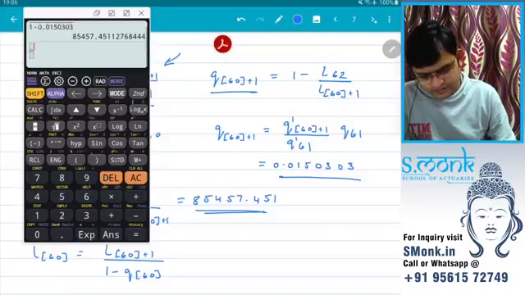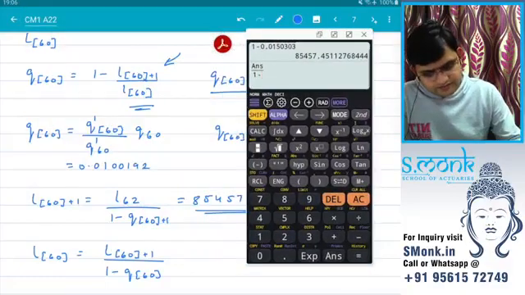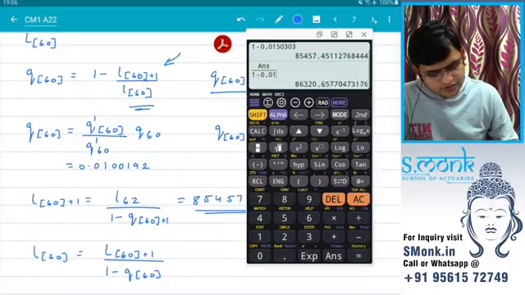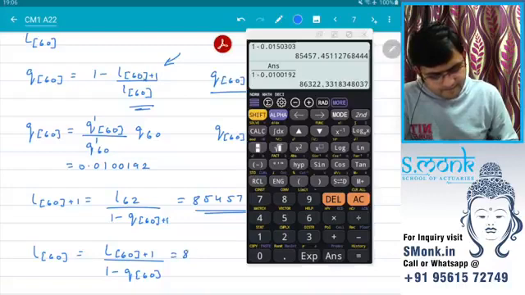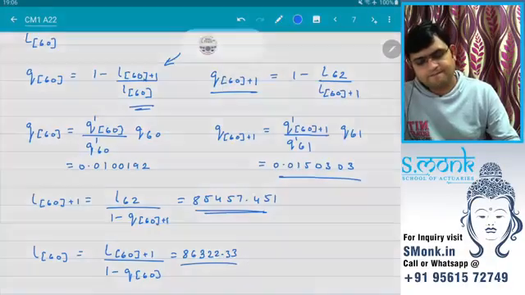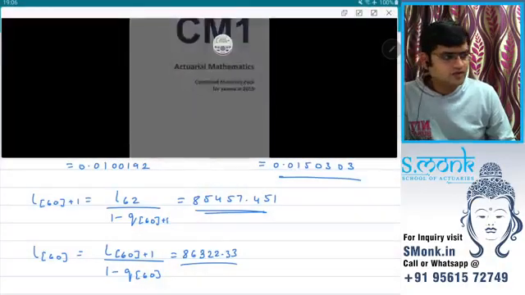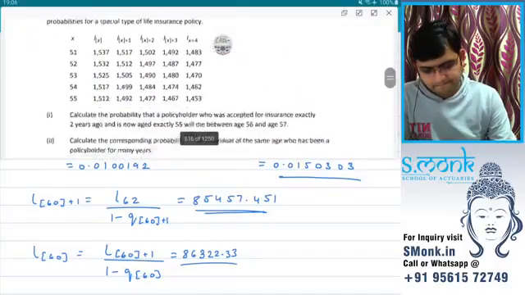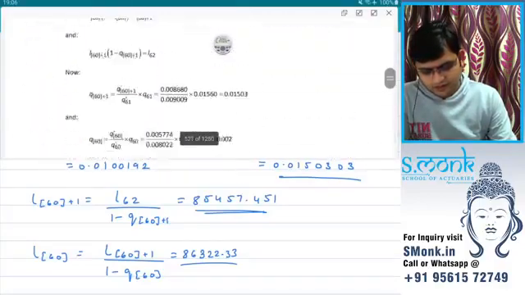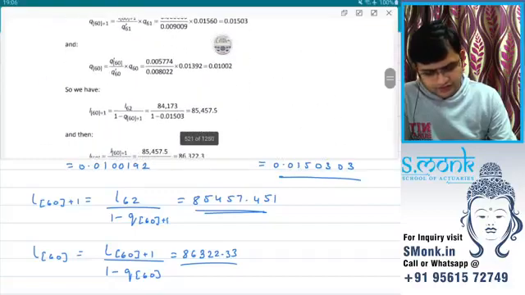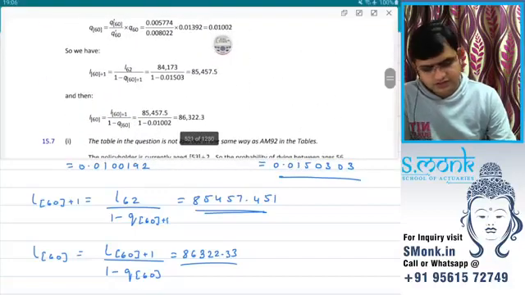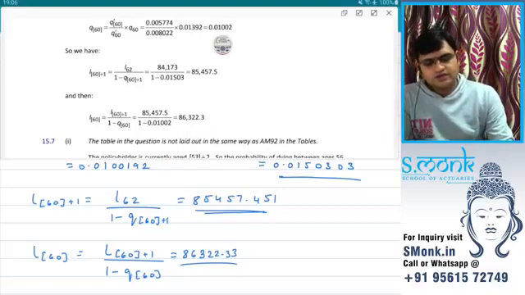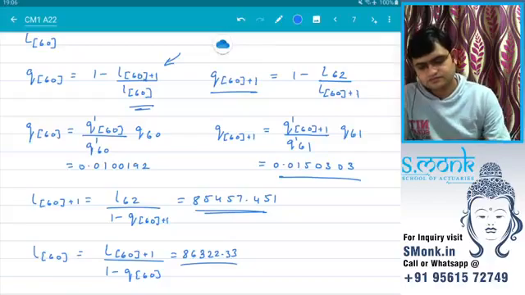So we have this answer upon 1 minus 0.0100192, which is 86322.33. Let me just make sure we have the correct answer. Yeah, 8683 point.